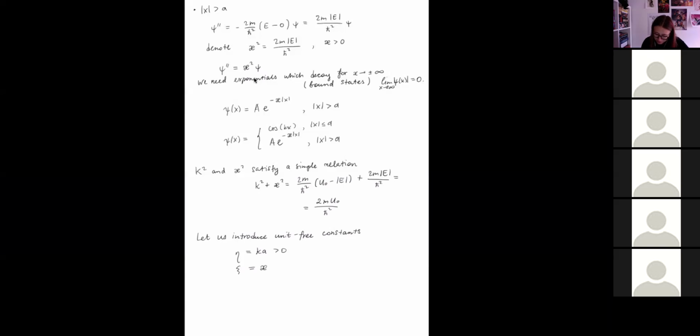It's equal to kappa A, which is also bigger than 0 because we chose kappa bigger than 0. And the last one is Z0 squared, which is equal to 2m u0 a squared over h bar squared.